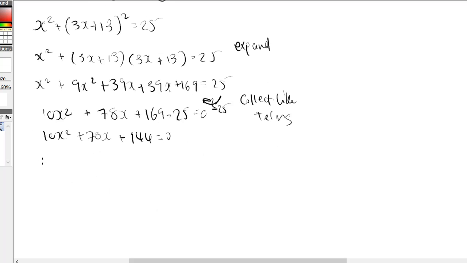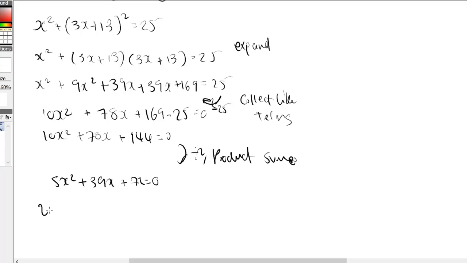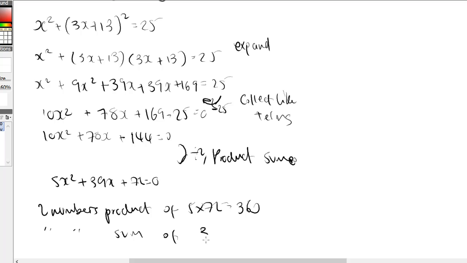Right, so the next step is I use the product sum method. Okay, now I can see that these are all even, so I divide by 2 to go 5x squared plus 39x plus 72 equals 0. Product sum, so it means I need 2 numbers which give me a product of 5 times 72, which is 360, but sum to 39.